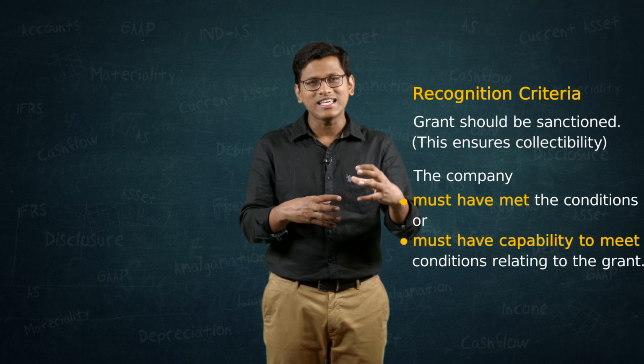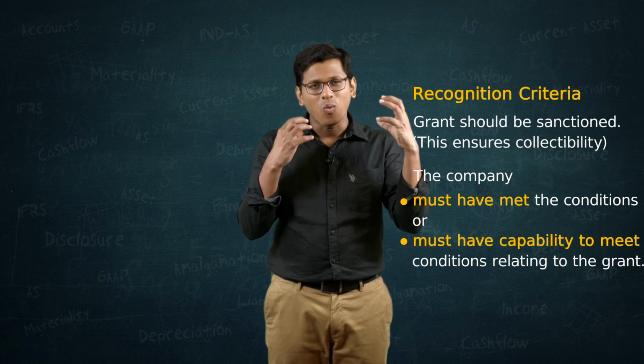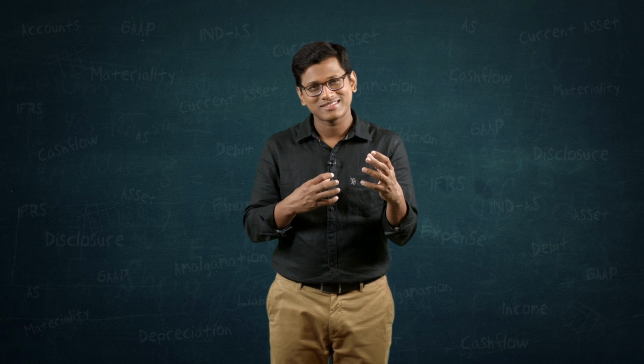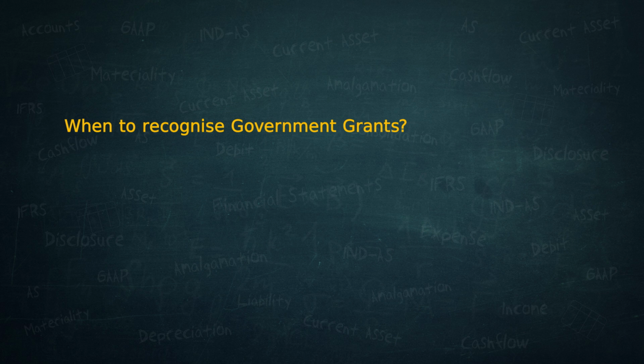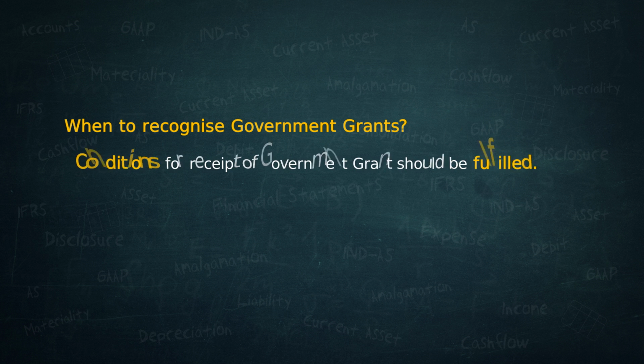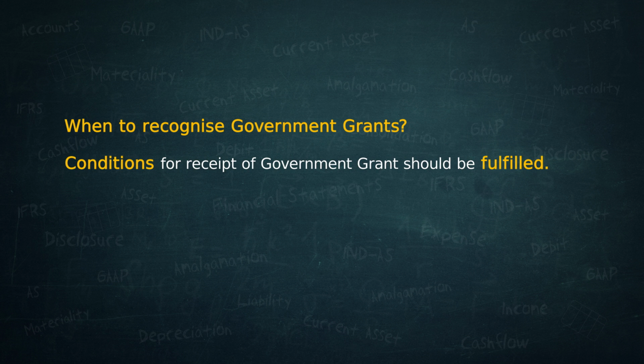Let us now see in a precise manner what this point is all about. When to recognize government grants? A company can recognize receipt of government grants on satisfying the following conditions. Conditions for receipt of government grants should be fulfilled. If those conditions are already fulfilled, that's fine.